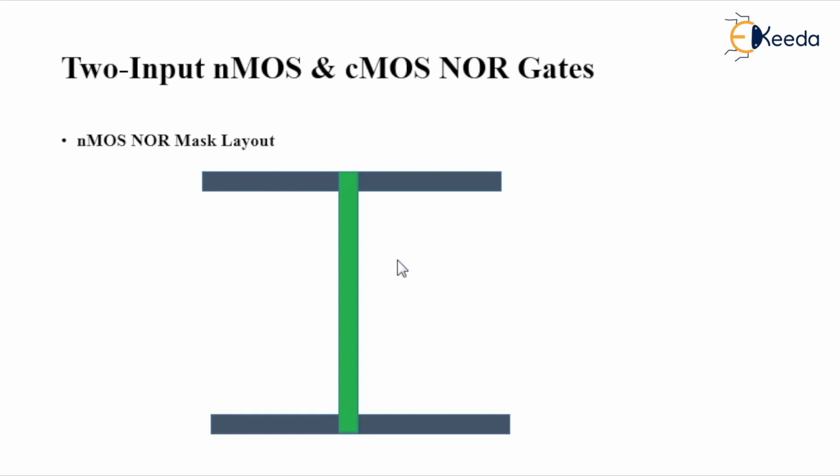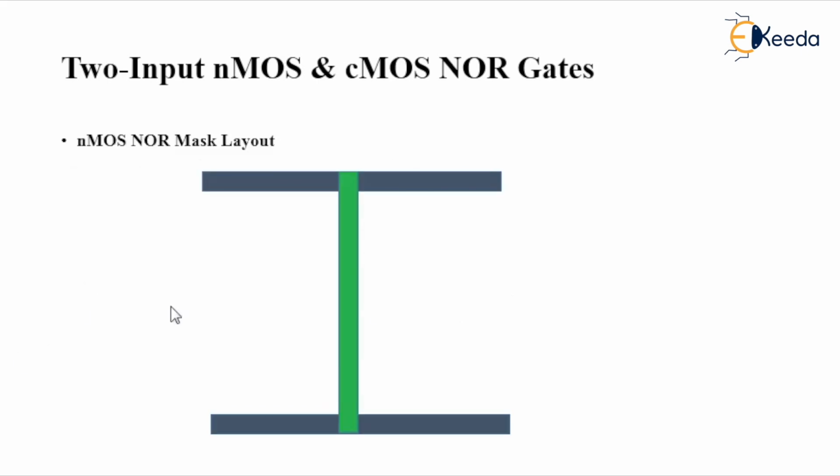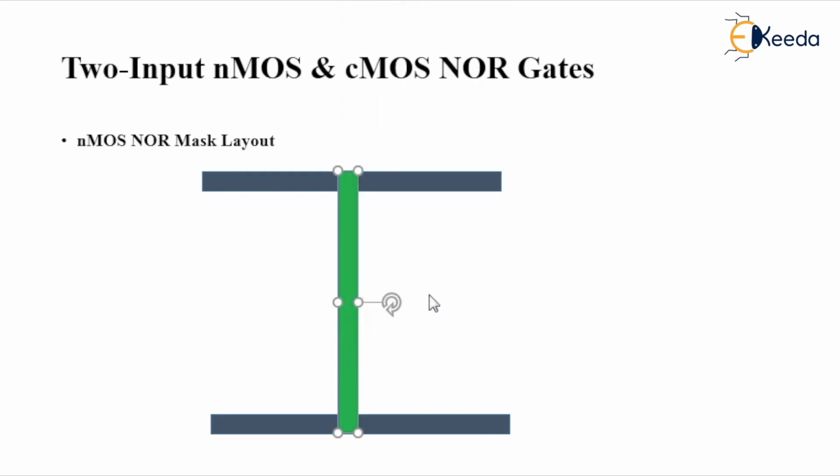After that ND diffusion, there should exist two transistors. So two transistors should be connected in parallel combination here. So an additional component is required. Copy. So additional diffusion is required here. Why?